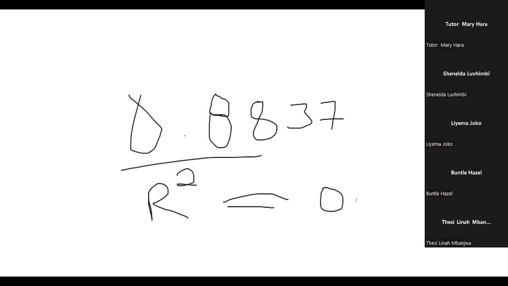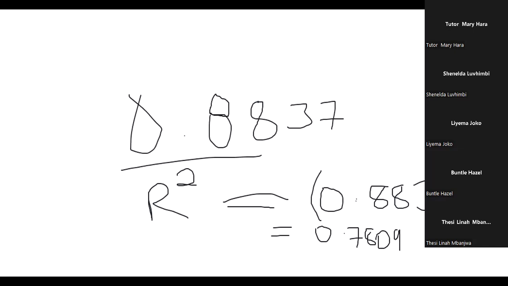So it will be just 0.8837, you square that. That's your answer. Okay. And that should be, because I gave you only 0.88, but basically the answer will be 0.7809. Okay, so that's the answer.